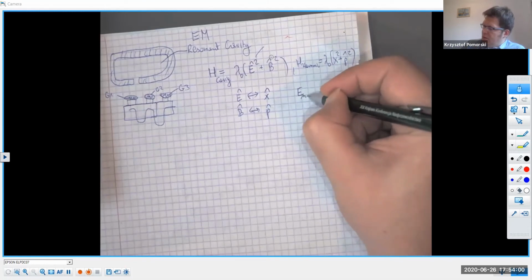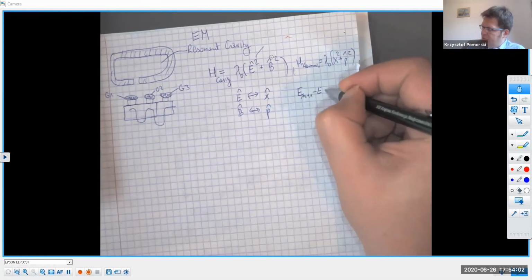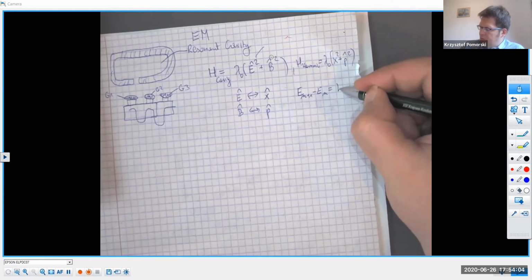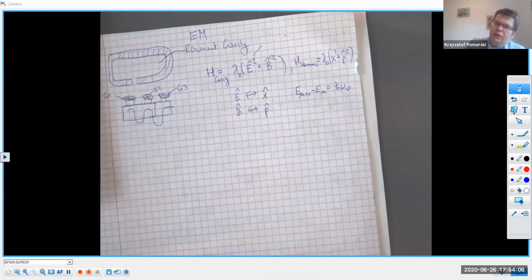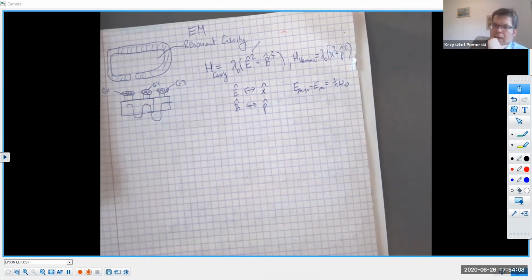So you have a very nice feature. It is some constant value. So you expect the same from quantum resonant cavity. And this quantum resonant cavity is interacting with your position-based qubit. And the question is how to describe this interaction in greater detail.